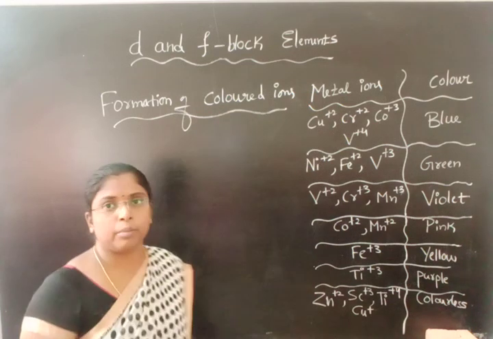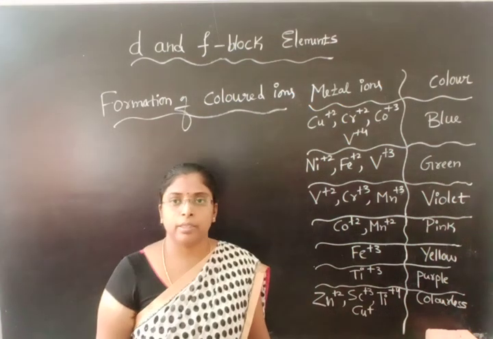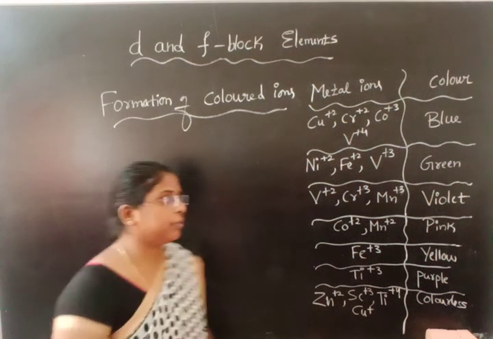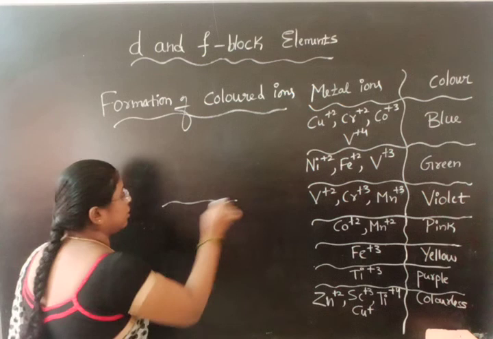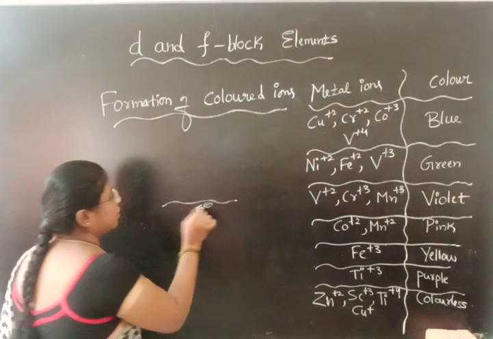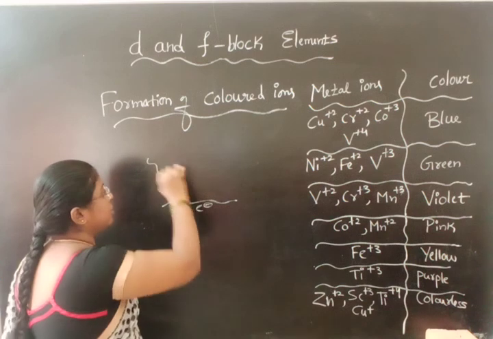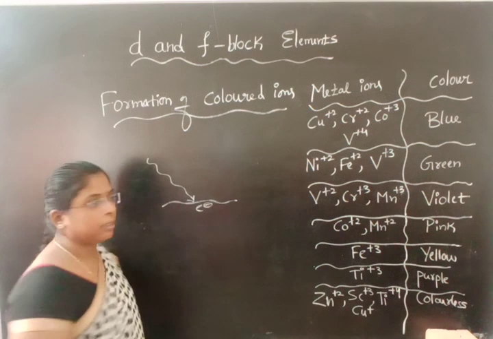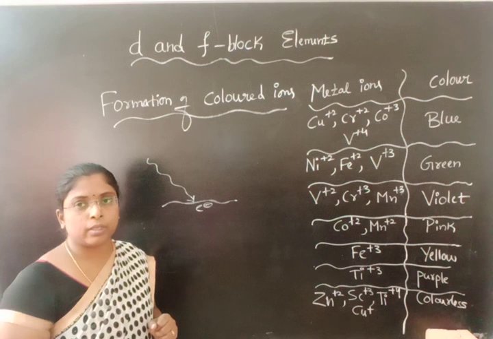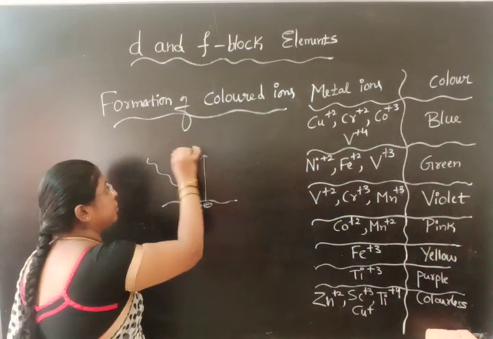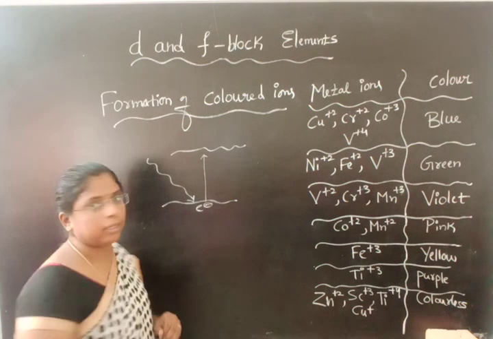Generally, d-block elements are colored in their aqueous solution. If you take the electron in the d subshell, when light rays are incident on this electron, the electron absorbs the energy and gets excited to a higher energy level.